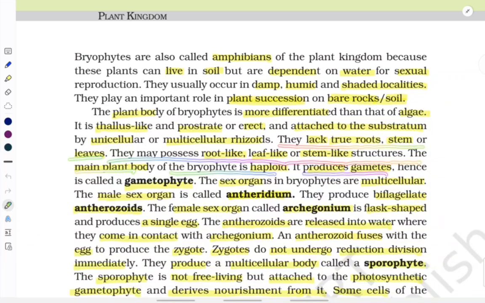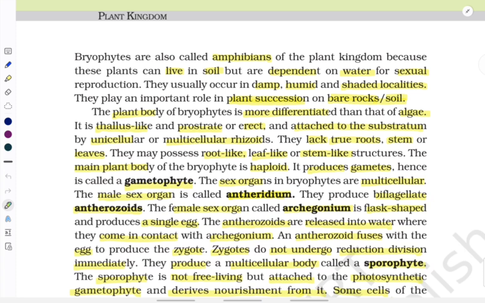It produces gametes, hence they are called gametophyte. The sex organs of bryophytes are multicellular. The male sex organ is called antheridium. They produce biflagellated antherozoids. The female sex organ is archegonium, which is flask-shaped and produces a single egg. The antherozoids are released into water where they come in contact with the archegonium, and an antherozoid fuses with the egg to form the zygote.